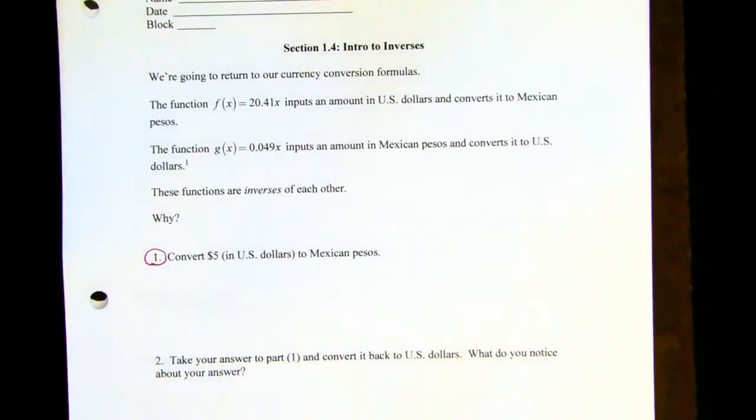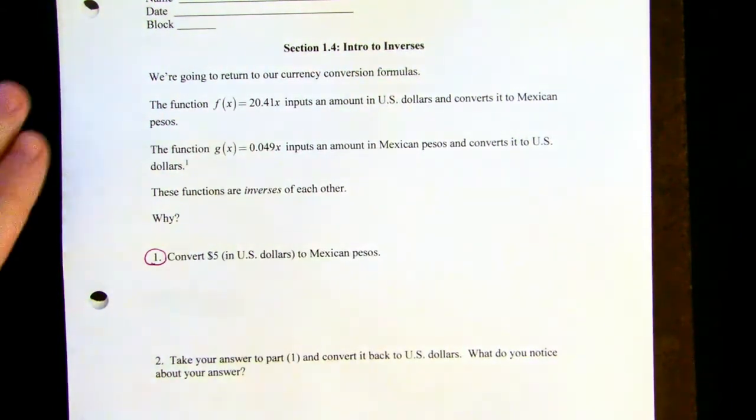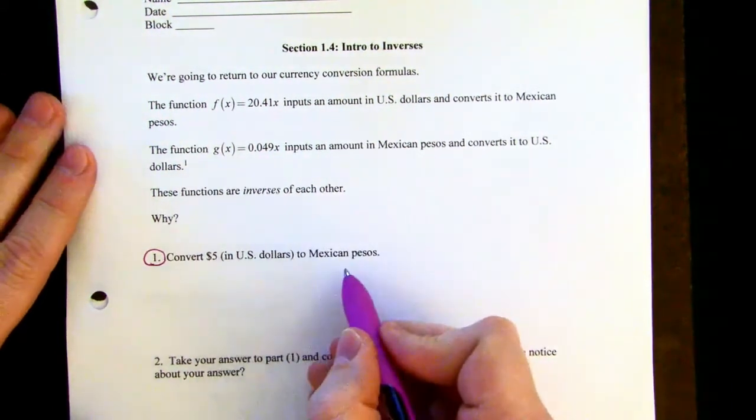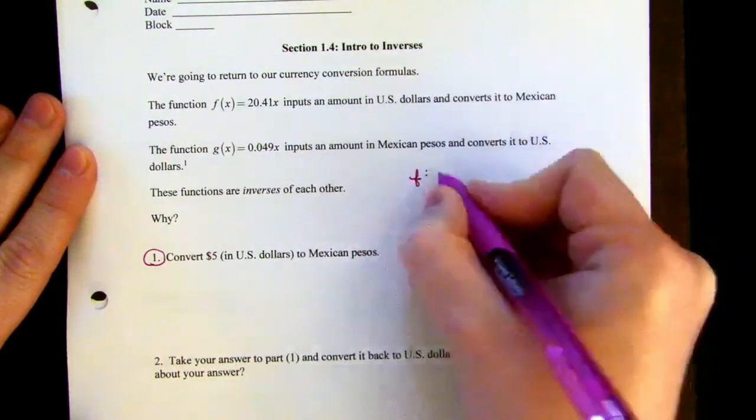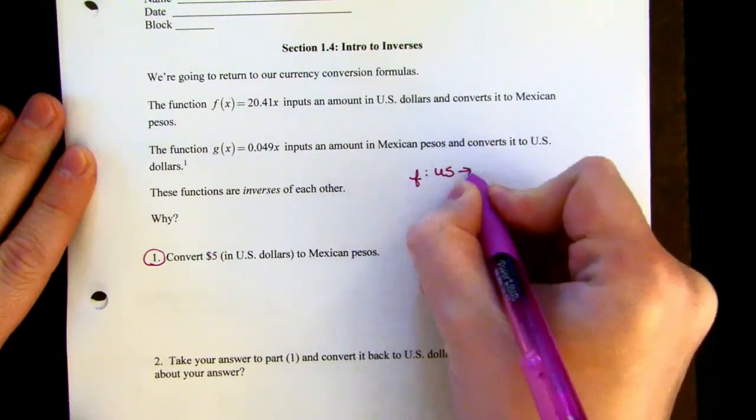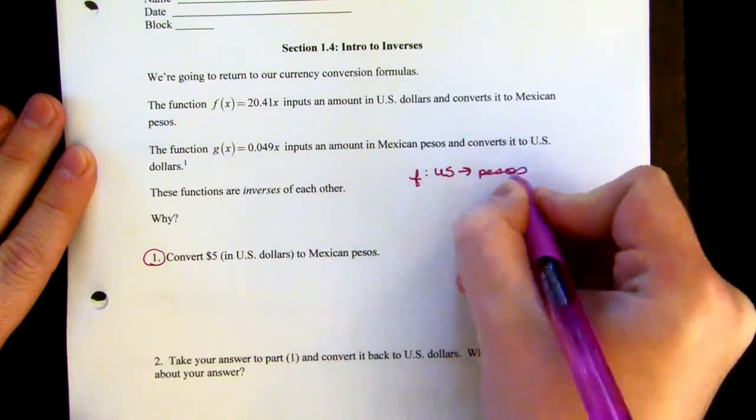There's nothing new in problem 1. Take a moment and tell me $5 in US dollars is how much in pesos? Well, let's see. Let me just try to understand this here. F takes US dollars into pesos.